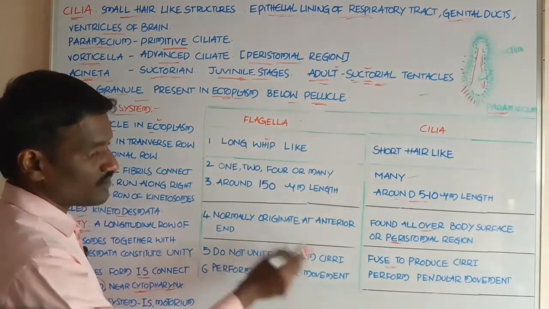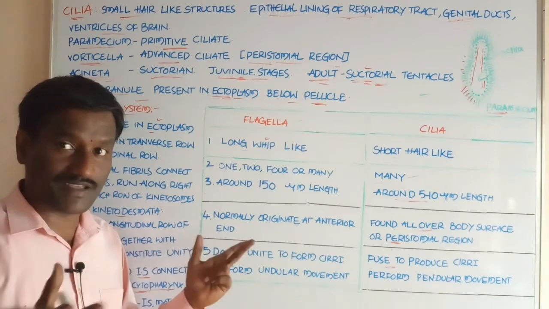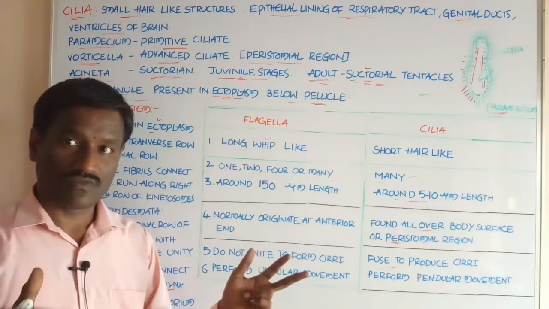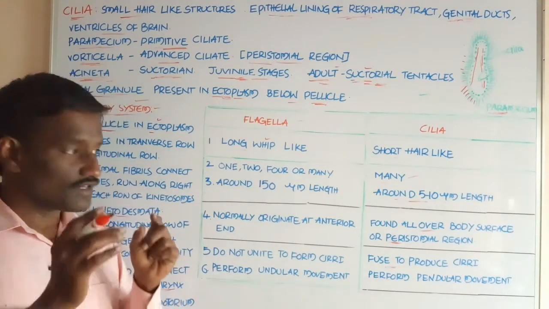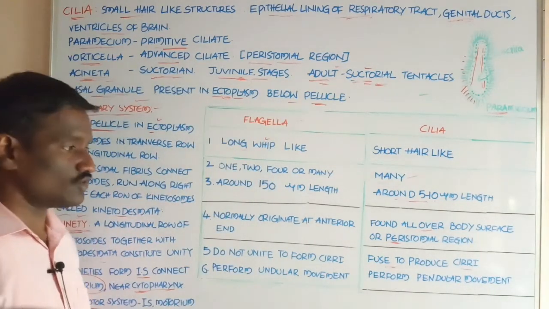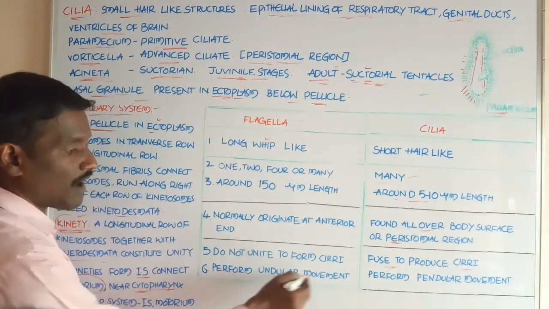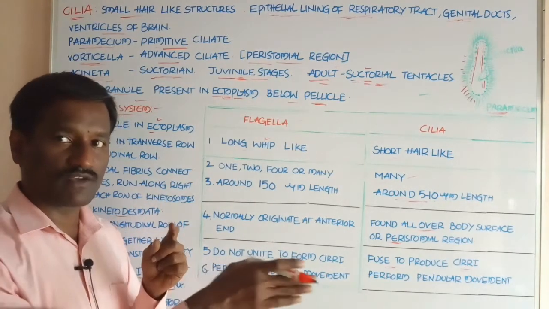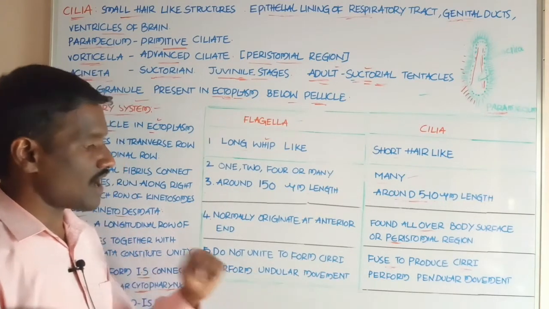Flagella do not unite to form cirri; they do not gather. Cilia fuse with each other and form a group-like arrangement called cirri. Cirri help in locomotion, a foot-like arrangement. Flagella perform angular movement, that means wave-like movement.